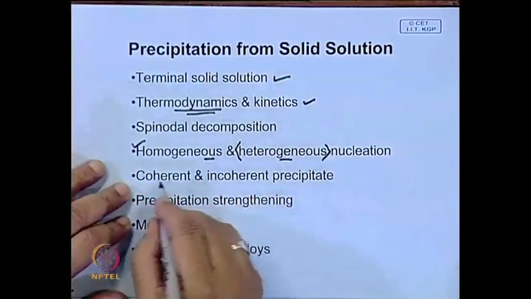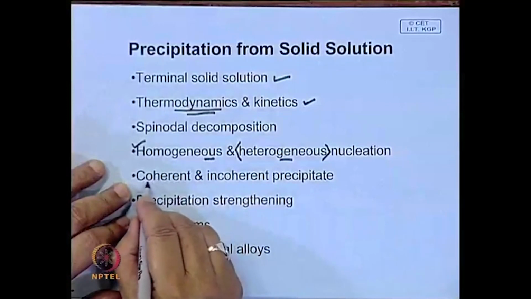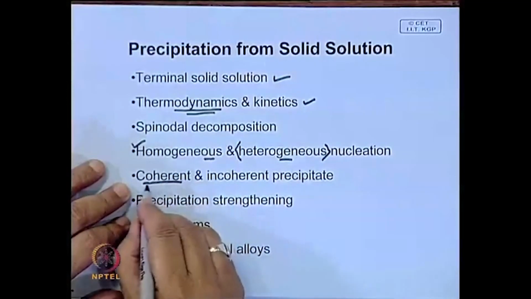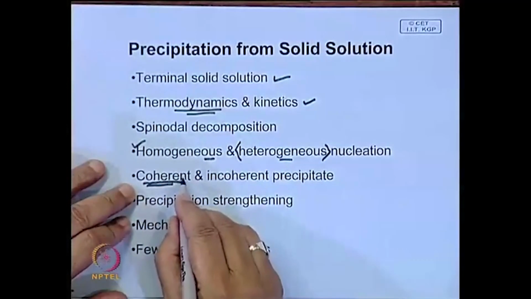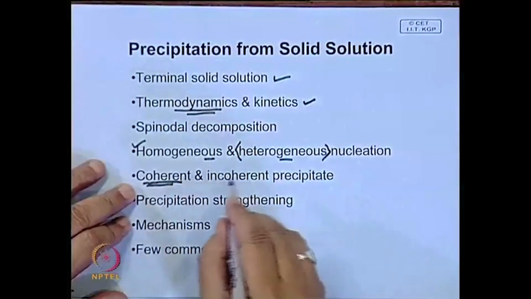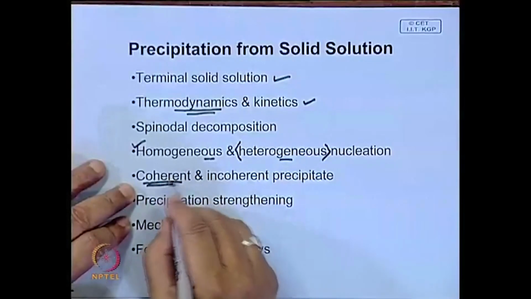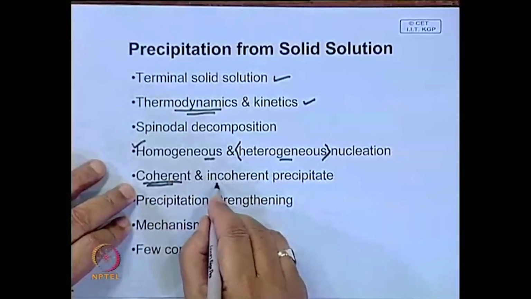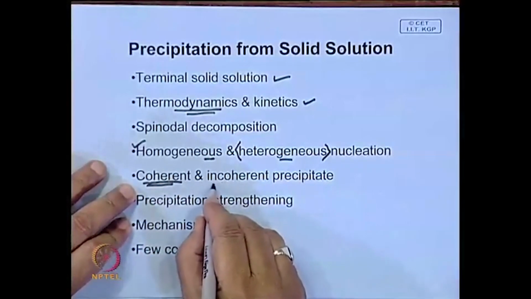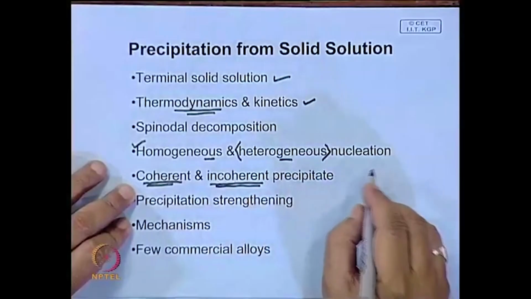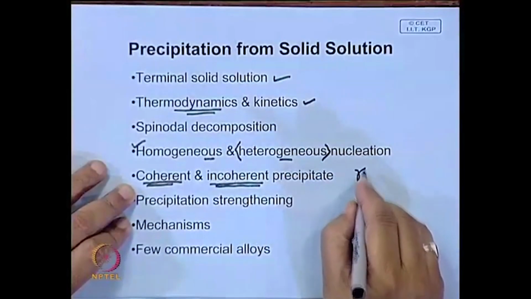We talked about different types of precipitate like coherent precipitate, where the surface energy is extremely low, but it may have some amount of coherency strain associated with it. On the other hand, normal precipitates we know about are incoherent, and all incoherent precipitate has high surface energy.